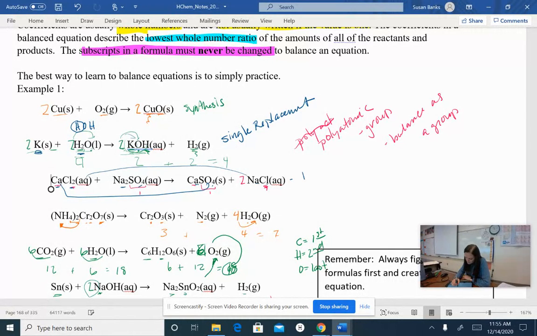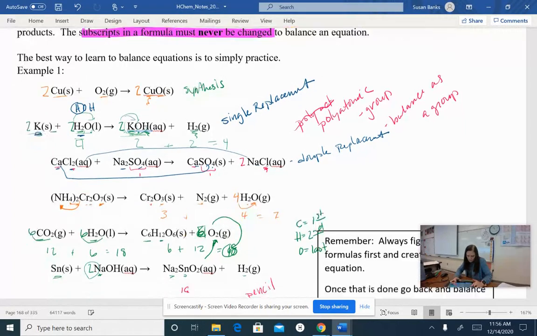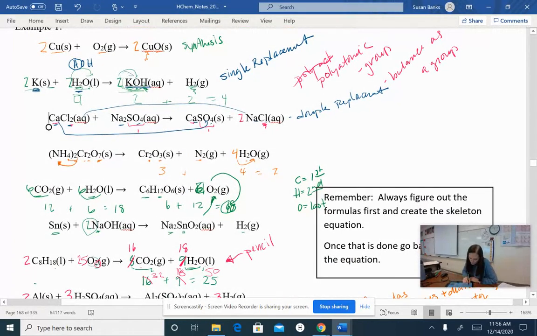Yep, this is a double displacement or a double replacement. What about this one? We've got ammonium dichromate, and then we get chromium 3 oxide and nitrogen and water. This is one complex thing breaking down into simpler things. This is decomposition.